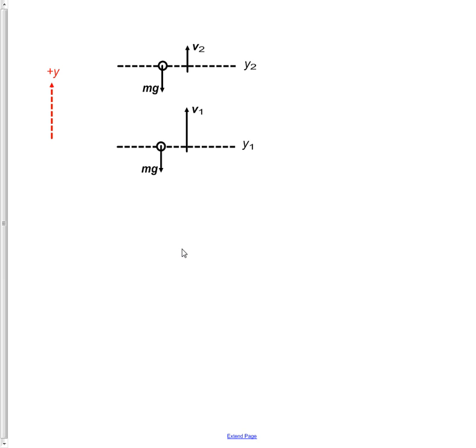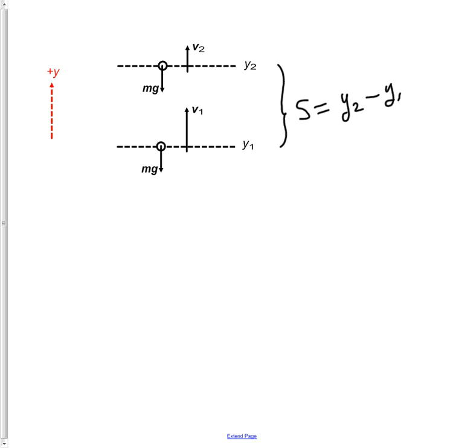So there is this distance. This distance is s, okay? And s is equal to y2 minus y1.